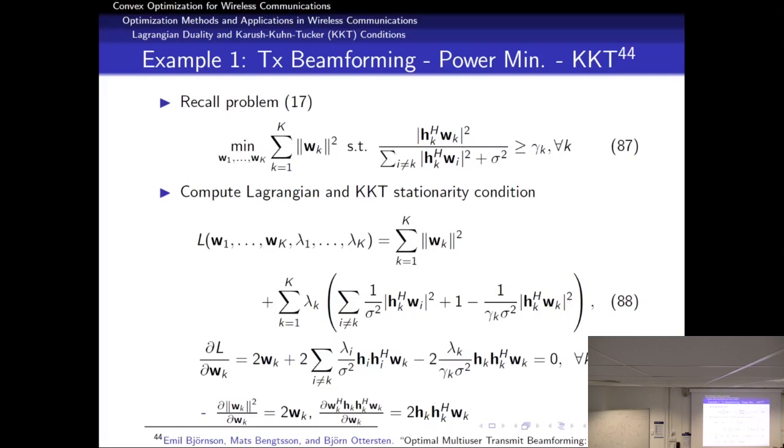Each of those constraints is allocated a Lagrangian multiplier lambda K. And this is essentially the constraint that has been rewritten. Typically you write something that is smaller than something, so this is typically a negative constraint. So this is my objective function, this is my constraint, and this is my Lagrangian multiplier.